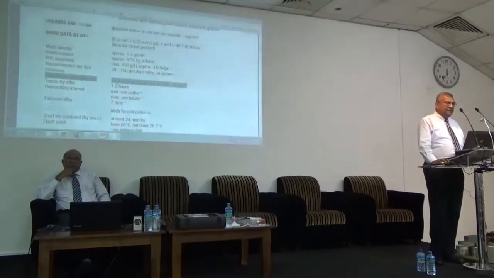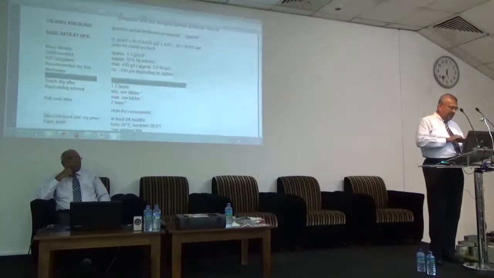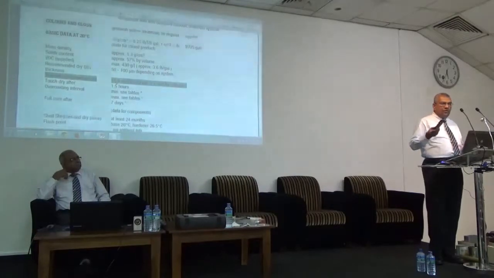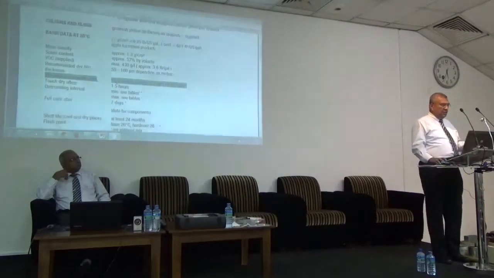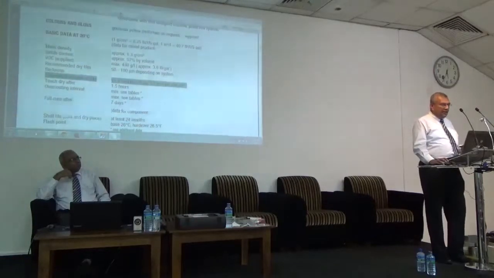So what we do is we take the 2000 square meters and divide by 11.4. So we can do the job with 175 liters. If you do a calculation like that, you will be in deep trouble because this is the theoretical.